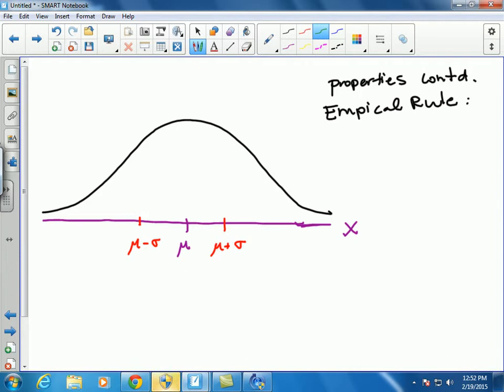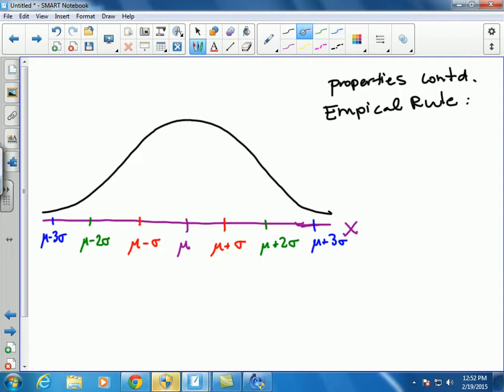Then you can go out to mu plus 2 standard deviations, and mu minus 2 standard deviations. And then furthermore, you can go one more out to mu plus 3 standard deviations, and mu minus 3 standard deviations.